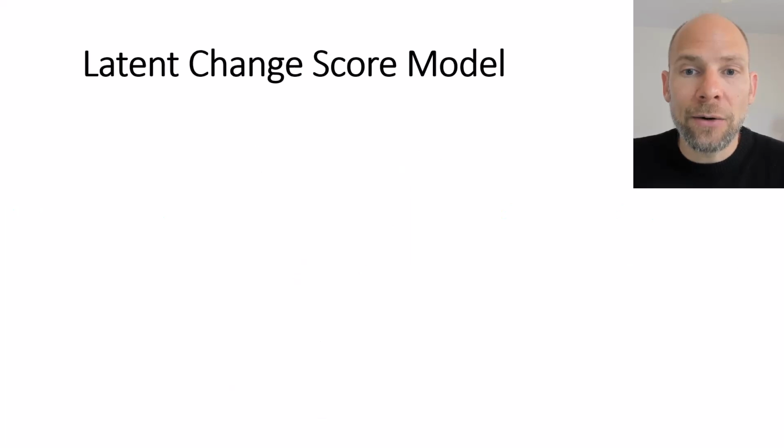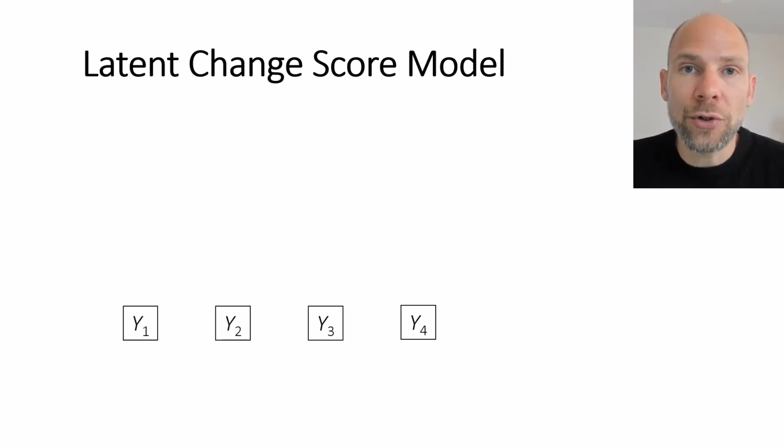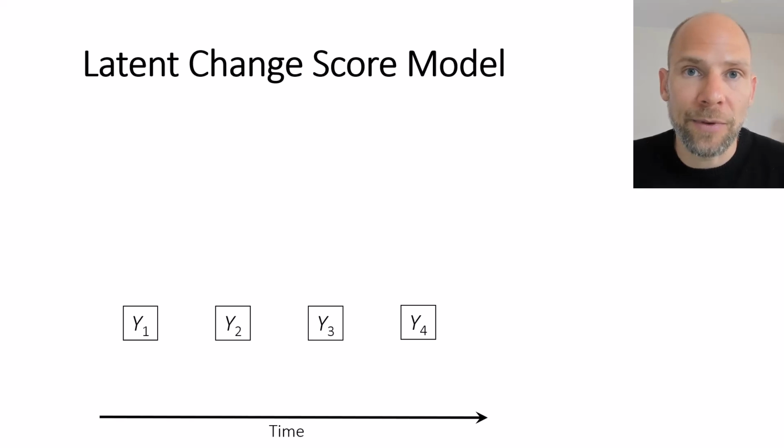Now let's take a look at the latent change score model. And so in the latent change score model, again, we have longitudinal data or repeated measures data, and I'm assuming that it's the same design here with 4 measurement occasions and a single indicator or a single measured variable that was repeatedly assessed across time. So this is exactly the same thing as in the latent growth curve model.